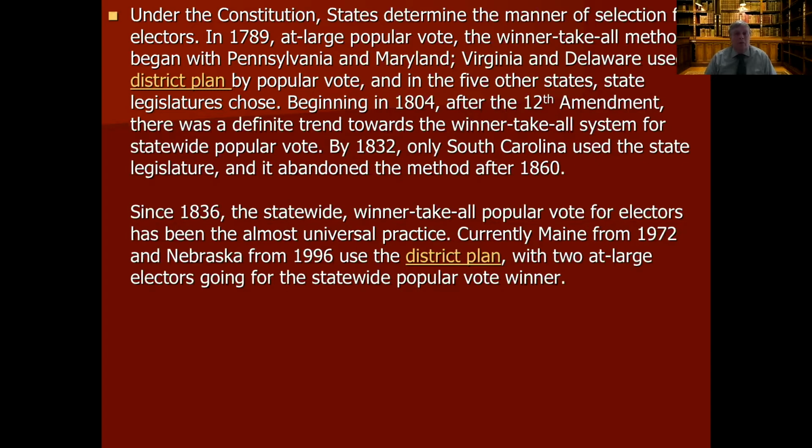And in 1789, the at-large popular vote, the winner-take-all method, started in Pennsylvania and Maryland. Virginia and Delaware used a district plan by popular vote, and in the 5 other states, the state legislatures chose the electors. So you see, in the beginning, there was a lot of diversity among the states in how the electors were chosen.